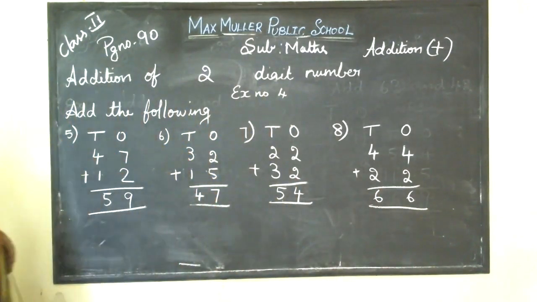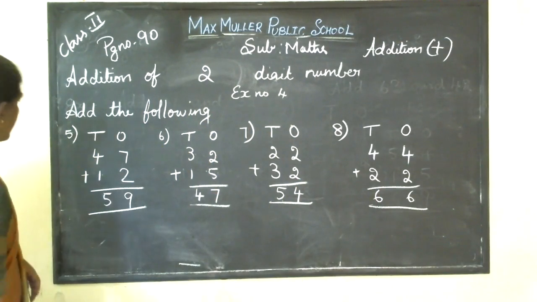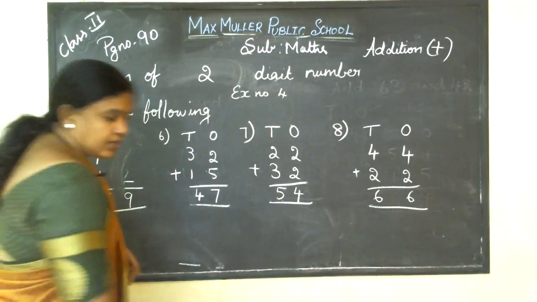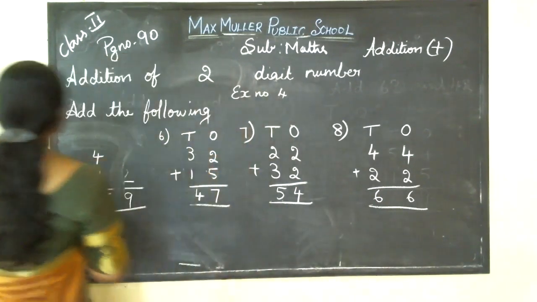Now we'll go to 9th sum. Finish it neatly. Sharpen your pencil when you are writing, no children. At that time you want to sharpen the pencil and write neatly.